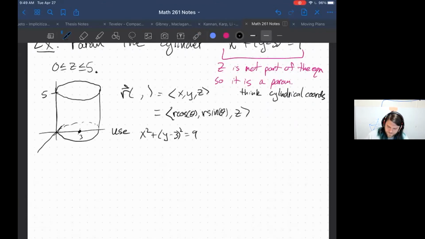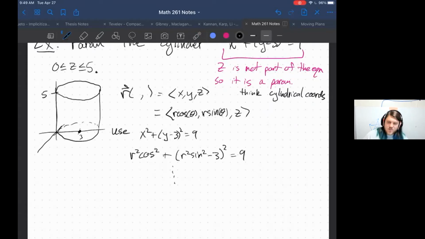I'm going to skip a lot of this, but the idea is that we want to substitute in r squared cosine squared plus quantity r squared sine squared minus 3 squared equals 9.